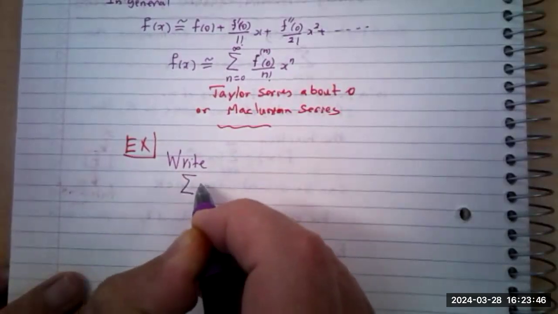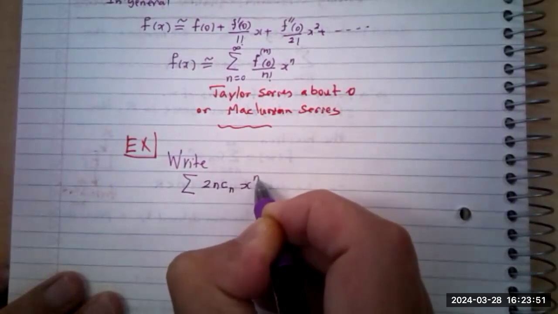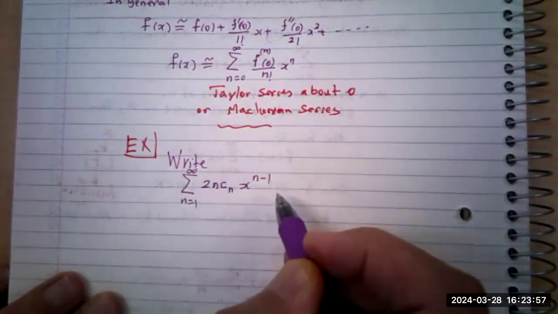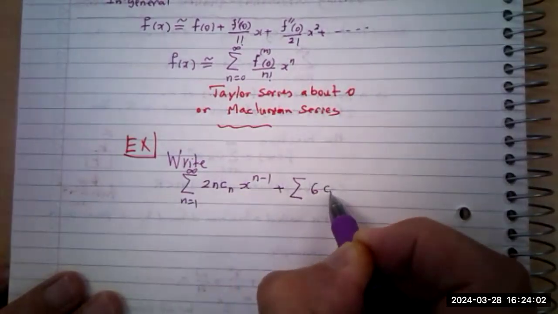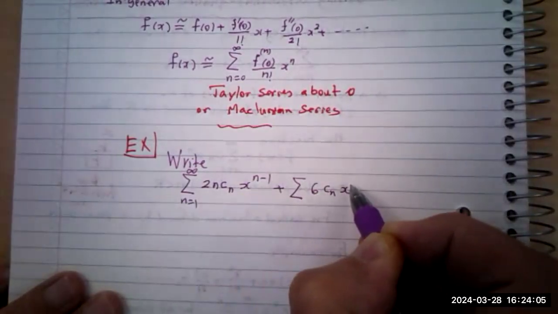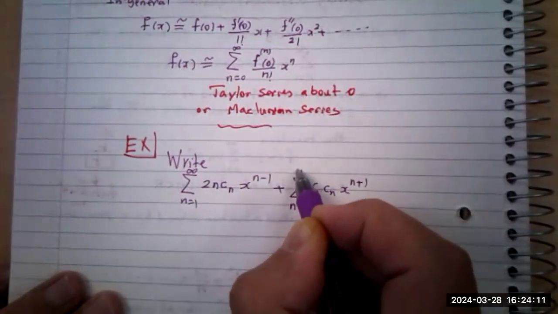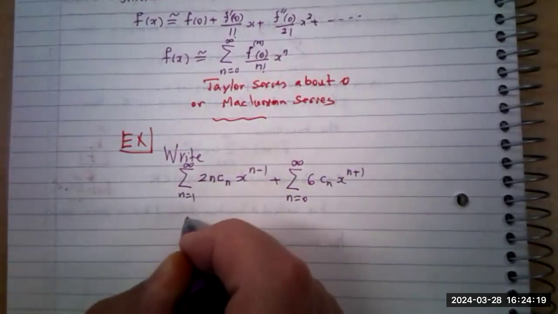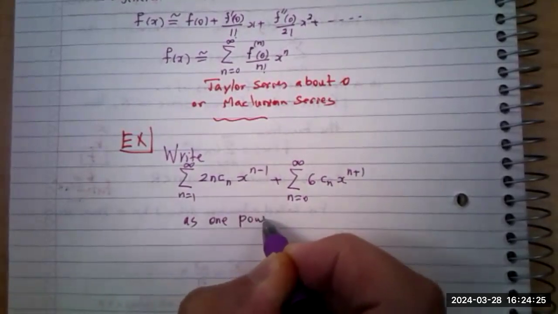I have the sum of 2 times n times Cn x to the n minus 1, n going from 1 to infinity, plus the second one, the sum of 6 Cn x to the n plus 1, n equal to 0 to infinity. You see, this is two series. I would like you to combine them into one series. Write it as what? As one power series.